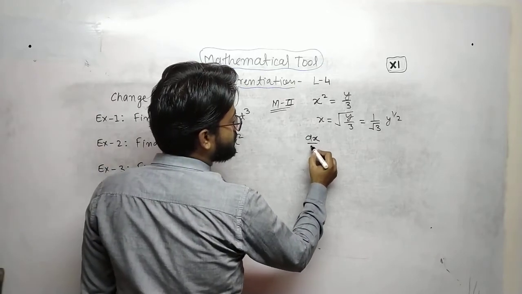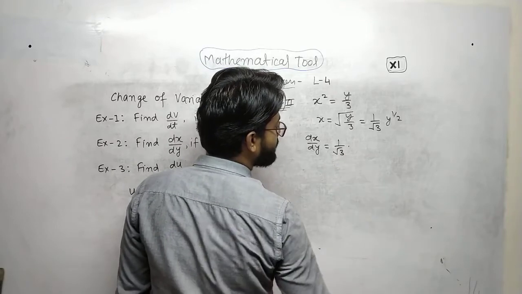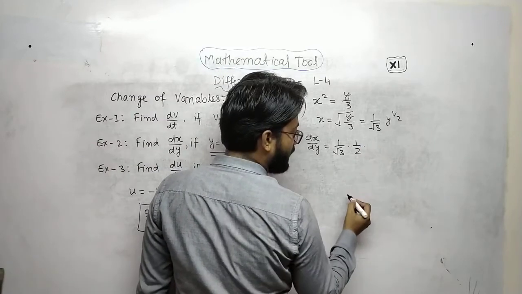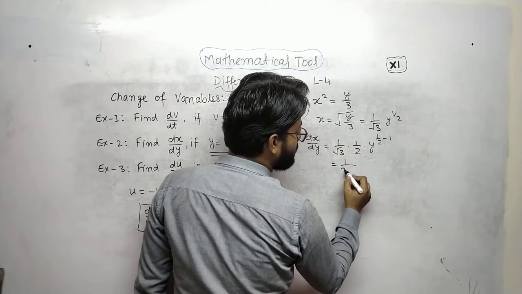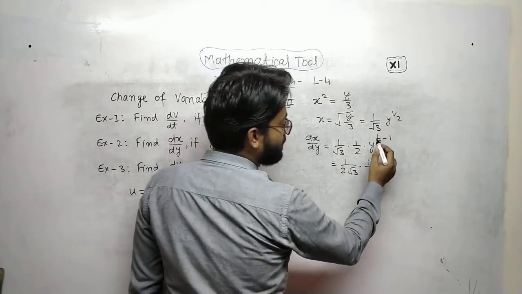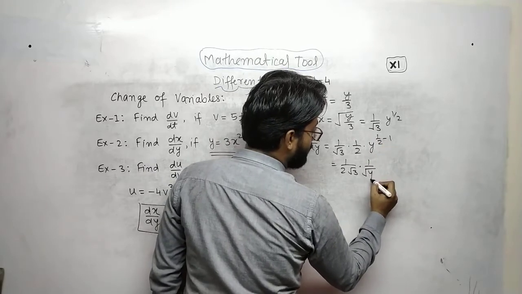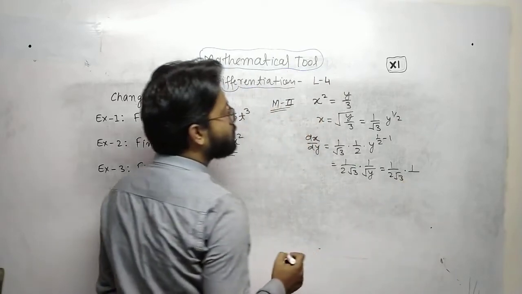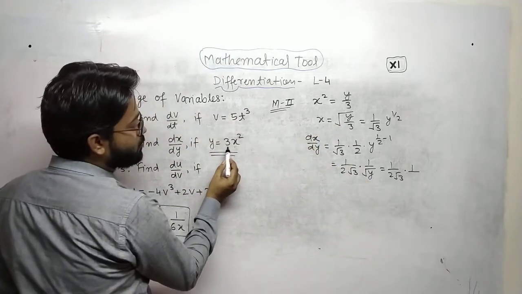Differentiate x with respect to y: 1 by root 3, differentiation of y to the power 1 by 2 will be 1 by 2 into y to the power 1 by 2 minus 1. This becomes 2 root 3, and y to the power minus 1 by 2 means 1 upon y to the power 1 by 2, means 1 upon root y. So 1 upon 2 root 3, 1 upon under root y. You know, here y equals 3x square.